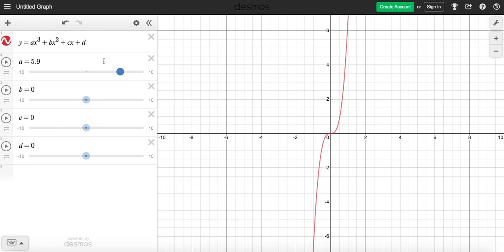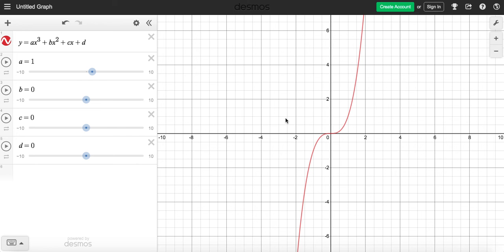Well, at first it looks like it's literally just what we expected B to do. But it's actually quite different, because this isn't exactly vertical scaling anymore.